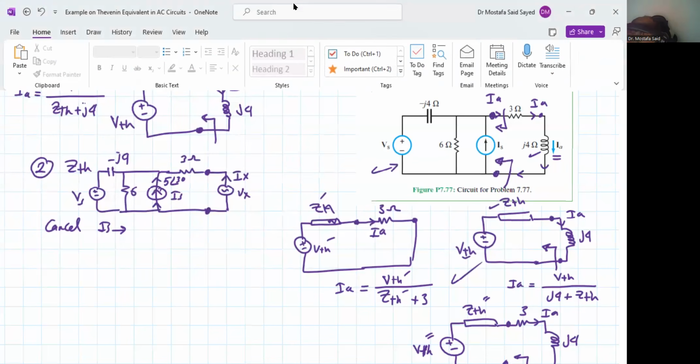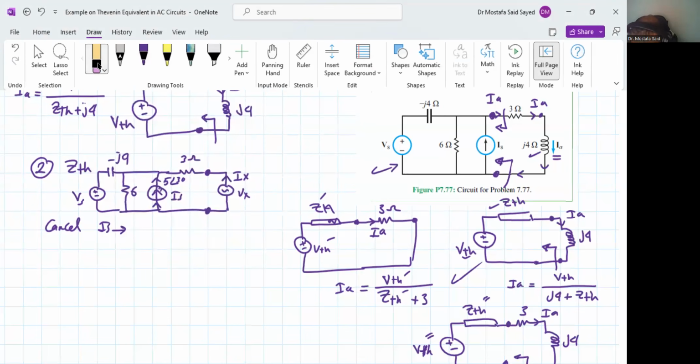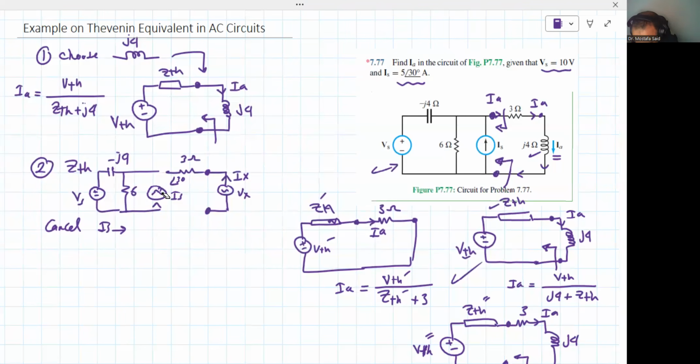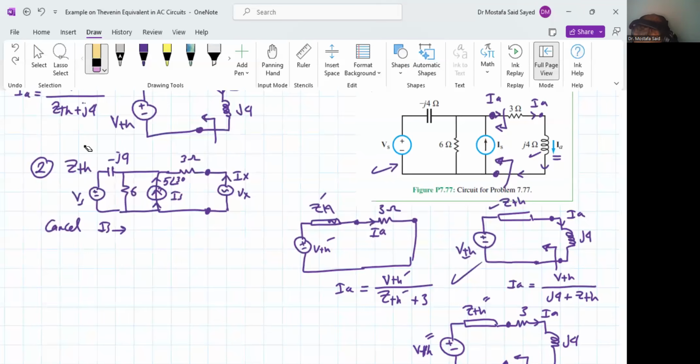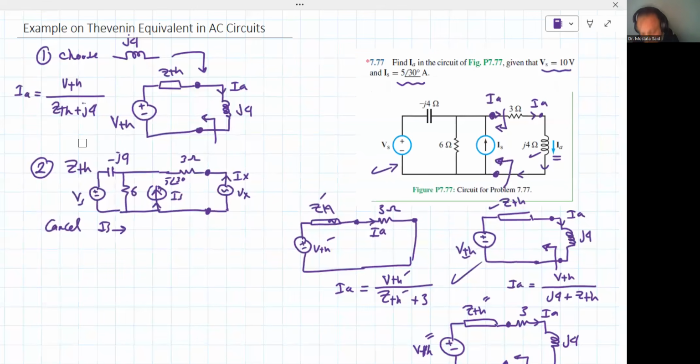Now we make an open circuit. We go to draw, we choose the eraser, oh, sorry, that's too big. No, choose the point. And we make an open circuit like that. Okay, so the current source has no effect anymore. Actually, we can just remove it completely.